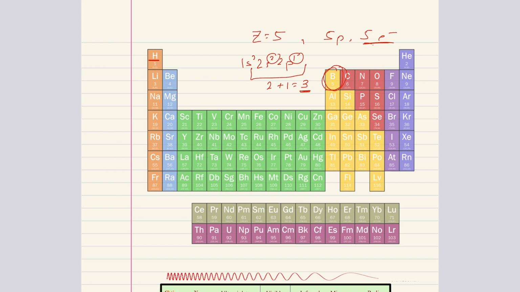To figure out the number of core electrons, we're going to take our total number of electrons, 5, and we're going to subtract the number of valence electrons from that, and that value gives us our core electrons. We have 2 core electrons in boron, which means our S value is equal to 2.